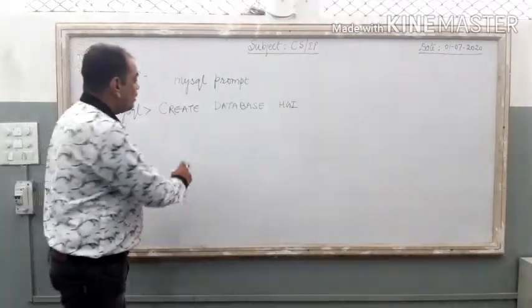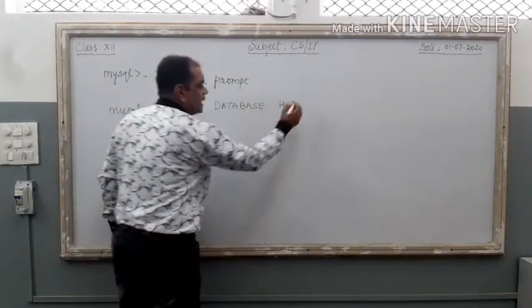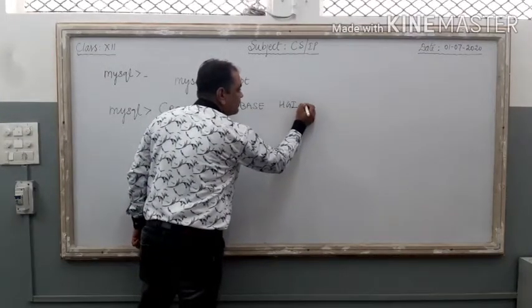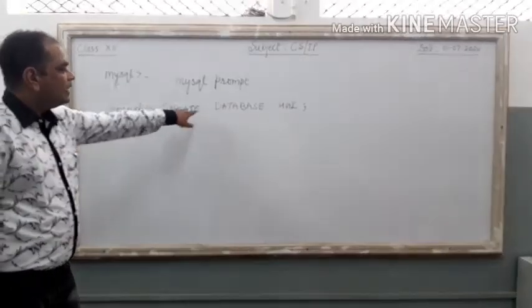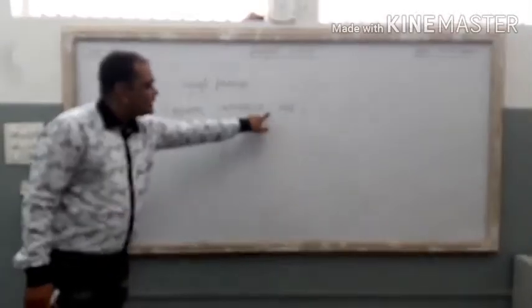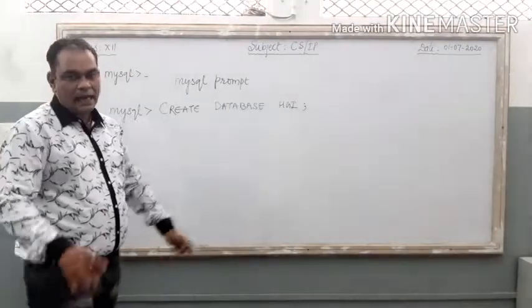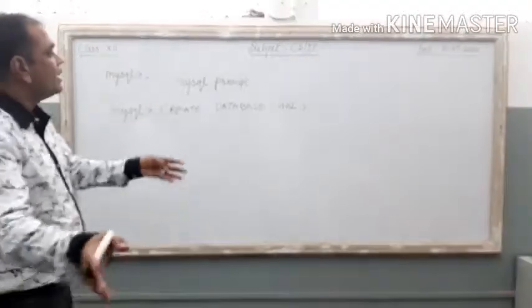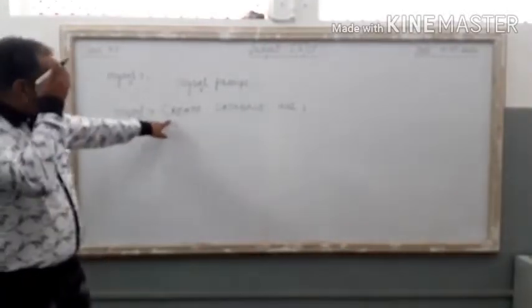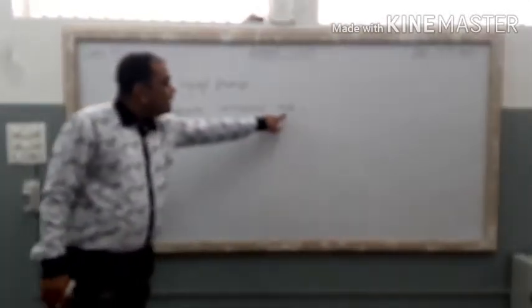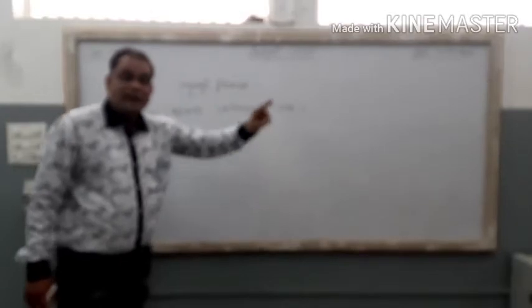Clear? Now the command is completed. After this command, I am going to put one semicolon. Just see the formation of the command: create space database space HGI. I have written the command in capital letters. You can write it in small letters also at the time of practical. So by this command, one database, HGI, is created.